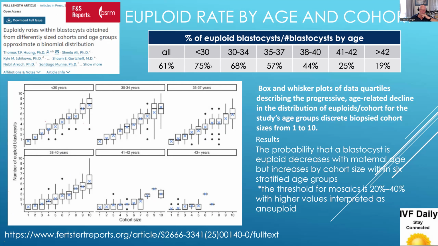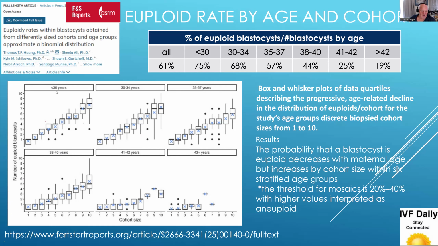But if they're under 30, that's almost three-quarters. And it falls a little bit within 30 to 34 and 35 to 37. And even 38 to 40 is still 4 chances in 10 of getting a euploid from a blastocyst biopsied. But then you hit the wall, and by 41, only one-quarter of all blastocysts biopsied will be euploid. And if you're over 42, that drops to less than 1 in 5.